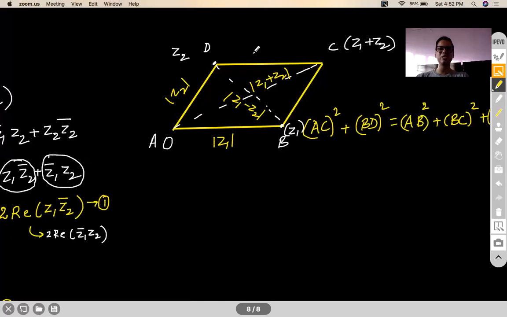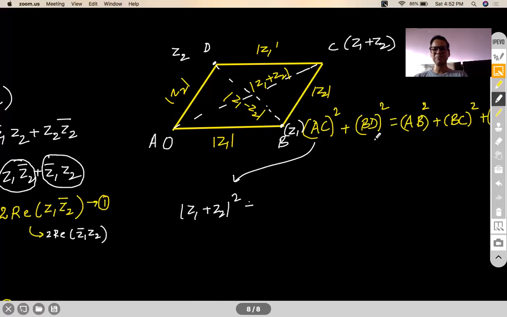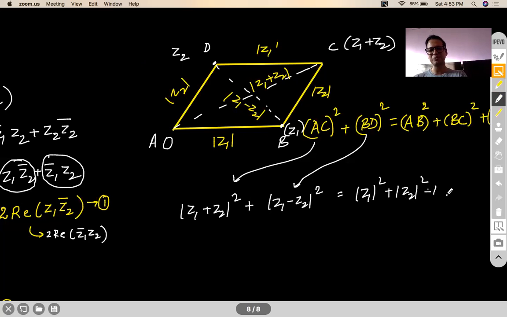And since it is a parallelogram, the opposite sides will also be mod Z1 and mod Z2. Correct? So now AC square is nothing but mod Z1 plus Z2 square. BD square is nothing but mod Z1 minus Z2 square. And these are nothing but mod Z1 square, mod Z2 square, mod Z1 square, mod Z2 square. Okay. And that's nothing but the given property.